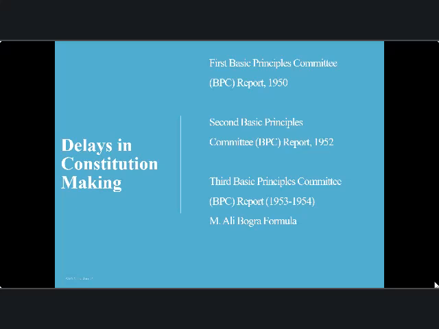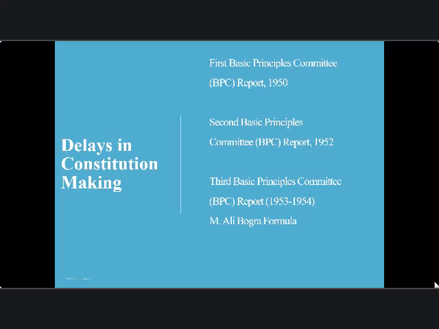Frequent changes in the government and leadership hindered consensus. Strong criticism from political parties and the public led to the rejection of the second report. It led to a complete political deadlock. The friction became so intense that it eventually led to the dismissal of Prime Minister Khwaja Nazimuddin in April 1953 by Governor General Ghulam Muhammad.